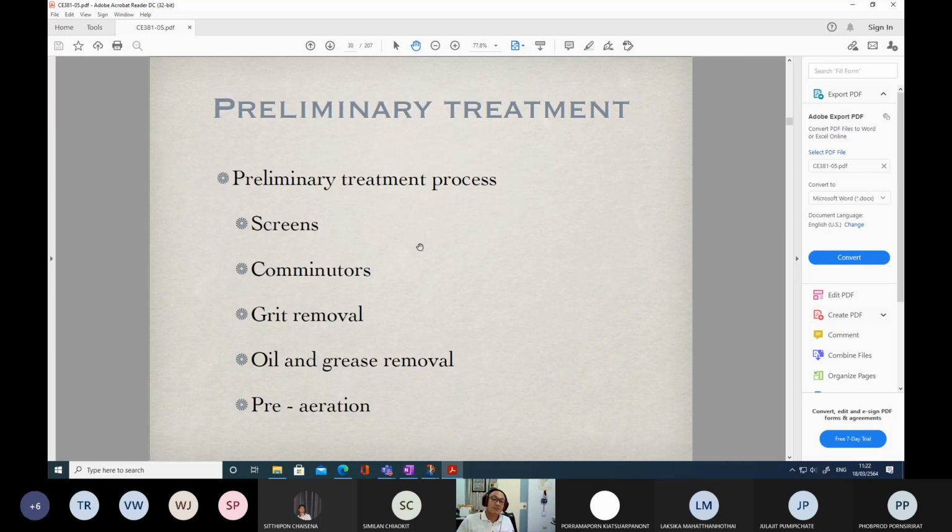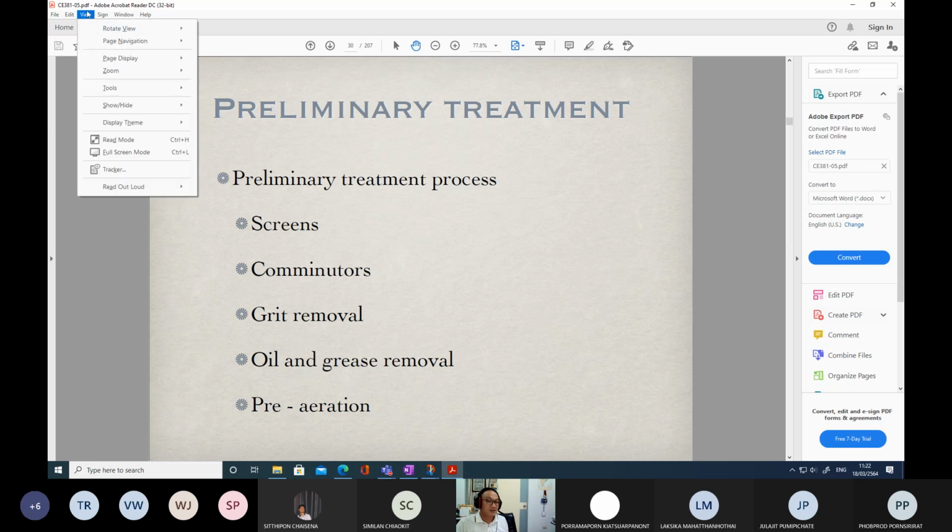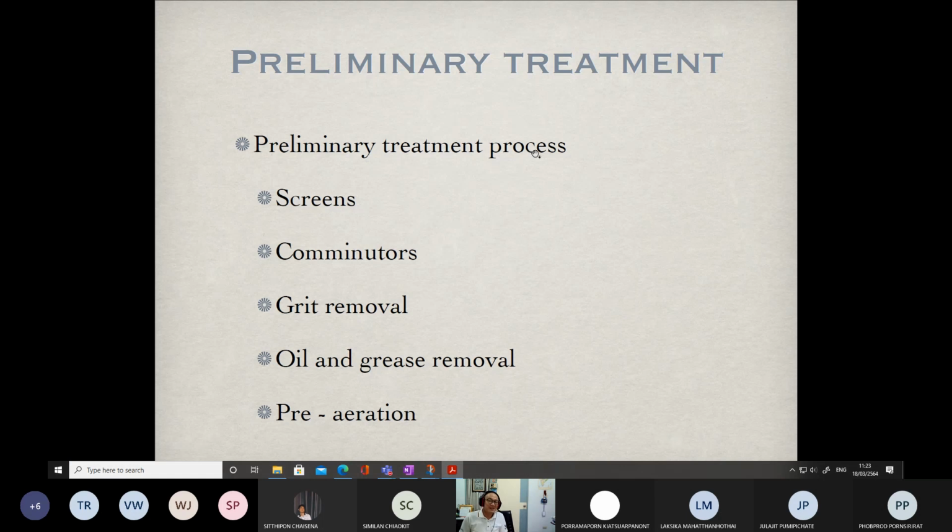Okay, so now we come to preliminary treatment, which is the second topic of this chapter. Preliminary treatment essentially consists of the following unit operations or equipment: screen, comminutor, grit removal, and oil and grease removal, which is also part of the primary treatment process.